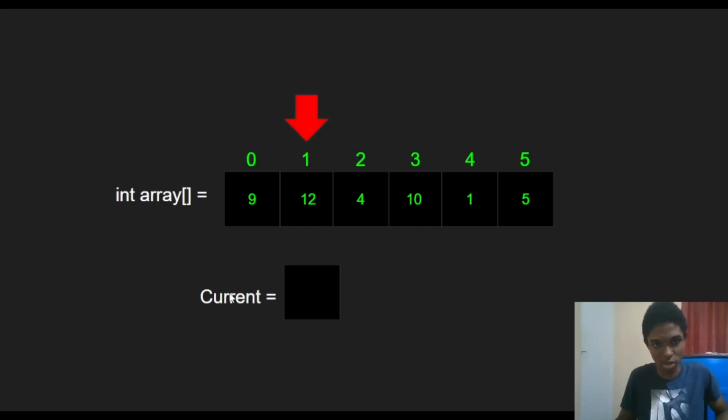We'll have a variable called current, which will temporarily hold the value at our current position. In this case, we'll take whatever value is at our current position, which was 12, and move it to our variable called current.